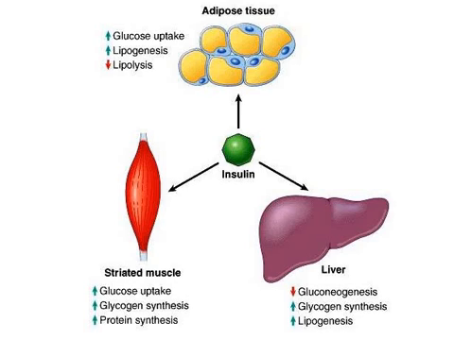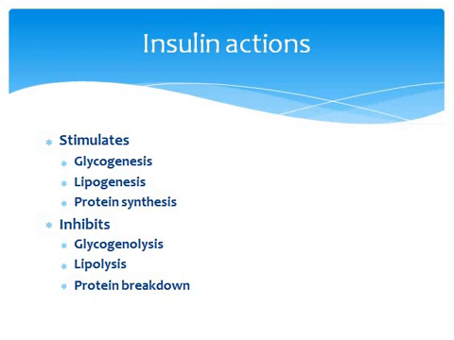In striated muscle, glucose uptake is high, glycogen synthesis is high, and protein synthesis is also high. So here we can see the insulin action. It stimulates glycogenesis, lipogenesis and protein synthesis, and it inhibits mainly glycogenolysis, lipolysis and protein breakdown.